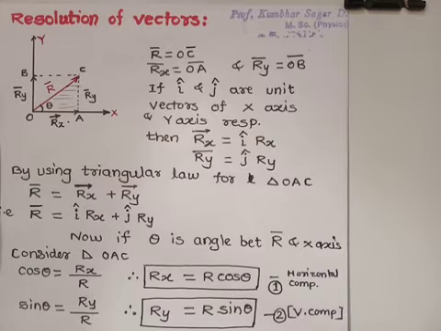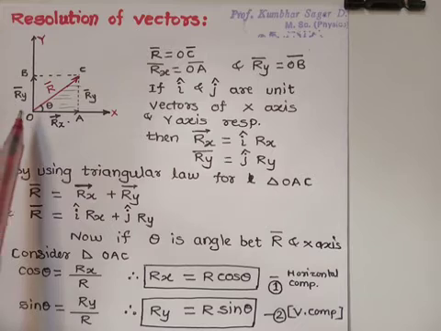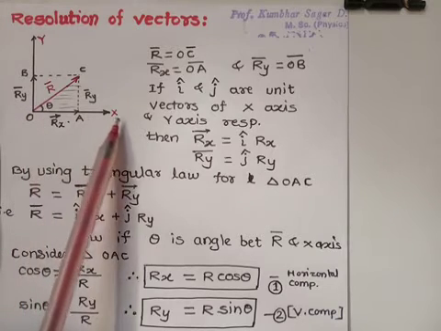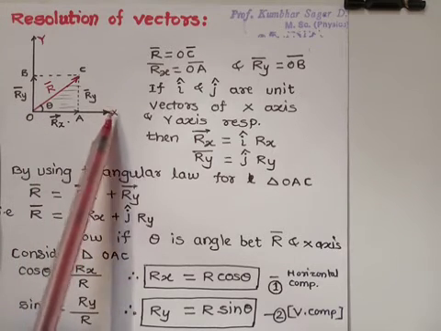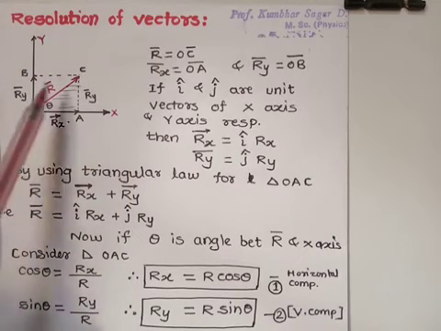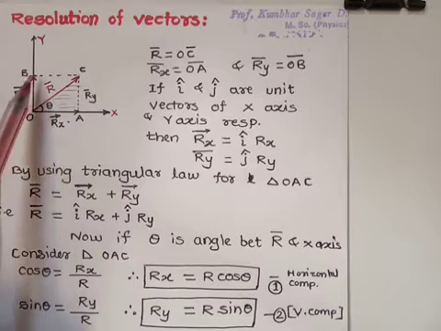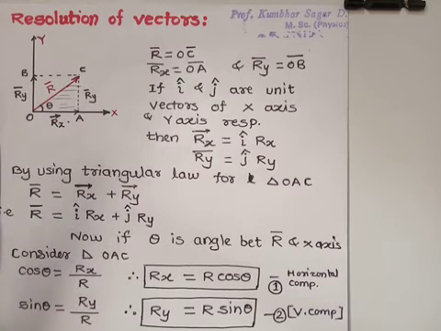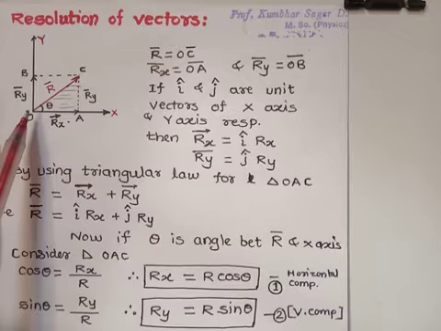Let us see how to find the rectangular components of a single vector in two dimensions. Consider a Cartesian coordinate system of two dimensions, x-axis and y-axis, and OC bar is a resultant vector r bar, which passes through the origin of the Cartesian coordinate system.